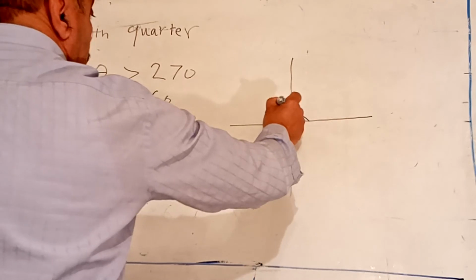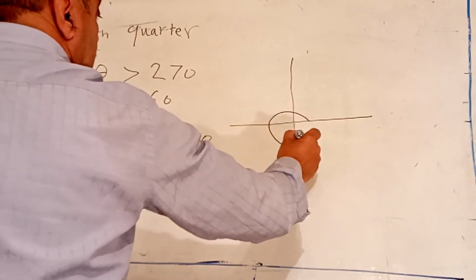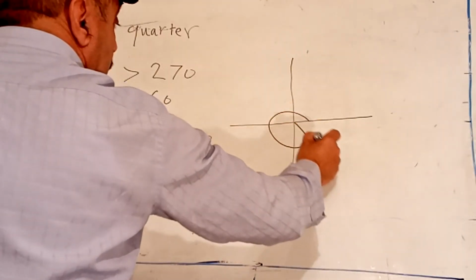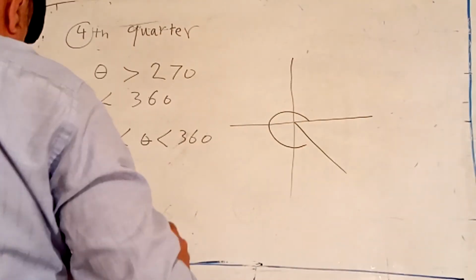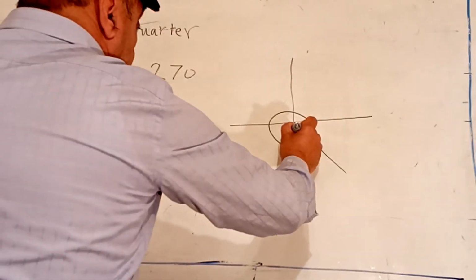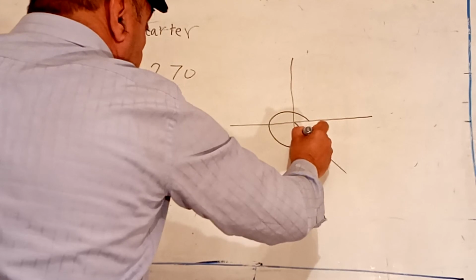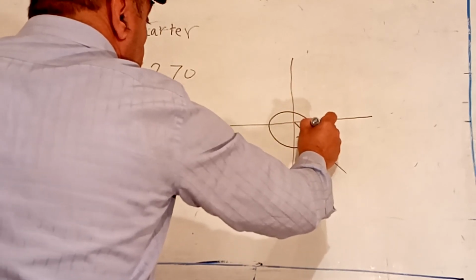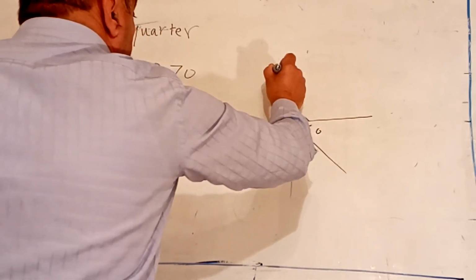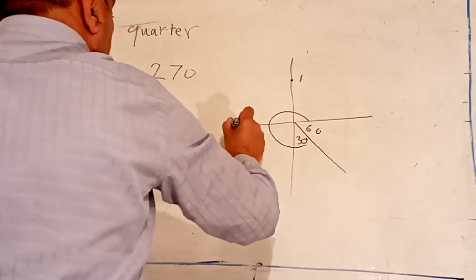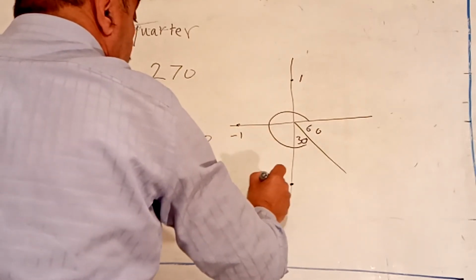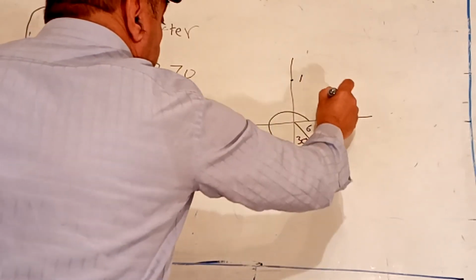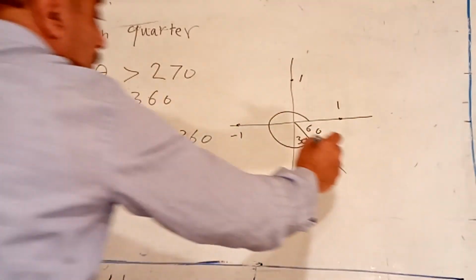90, 180, 270, and then we have this as 30. And here let's say 60. This is 1, minus 1, minus 1, and 1. This is how it rotates.